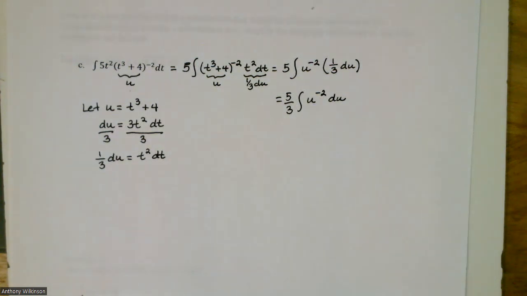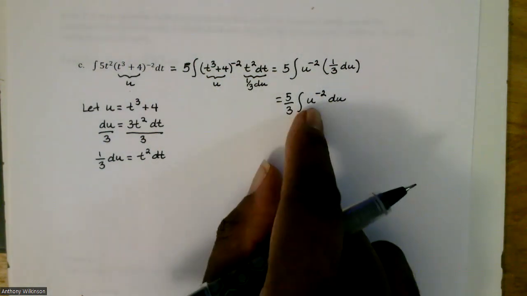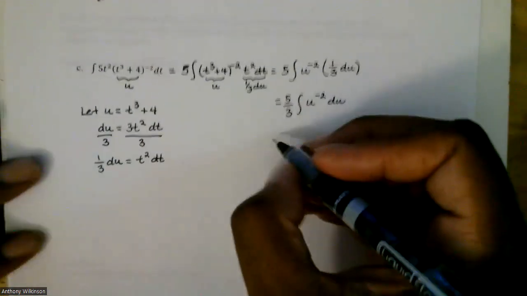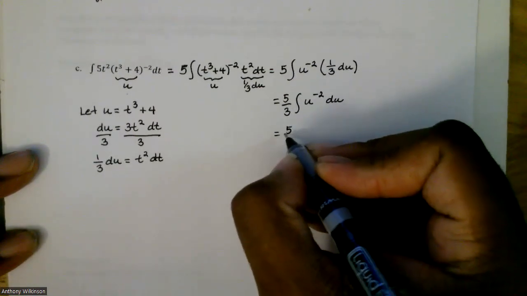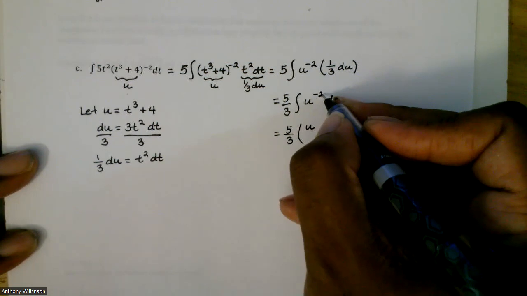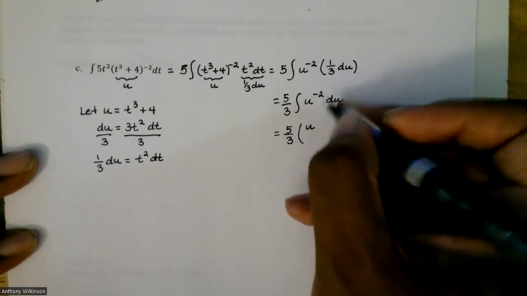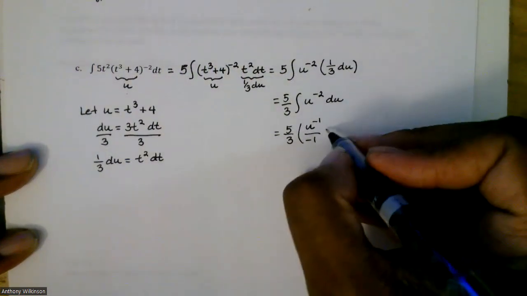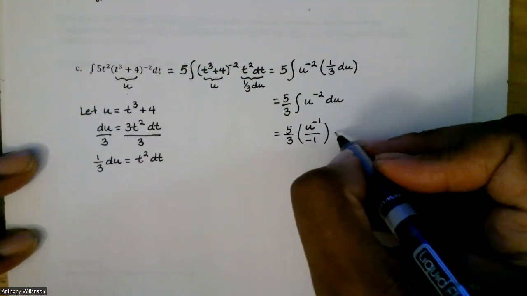Now, in this case, I have to use the power rule by increasing the power by 1 and dividing by that new exponent. So bring down the 5/3. If I increase this by 1, it'll be -2 plus 1, which will be -1, divided by that new exponent of -1, plus c.